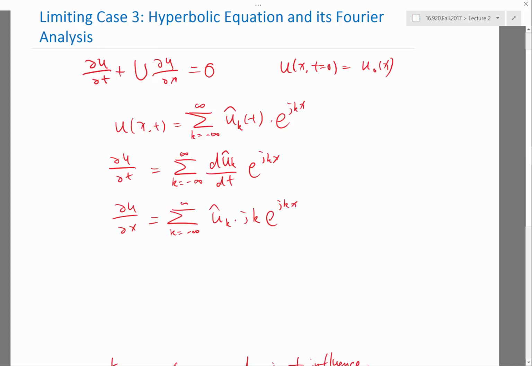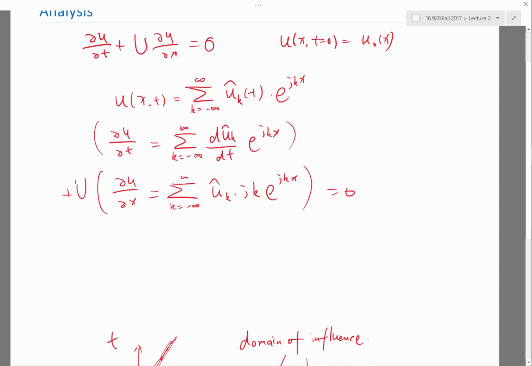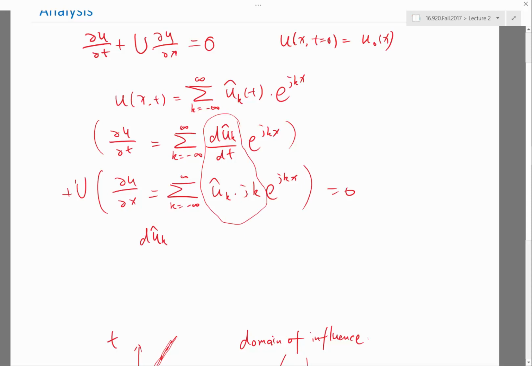So this term plus big U times this term has to equal 0. The individual terms inside the Fourier series have to match. And if you match them, what you get is the time derivative plus big U times jk, times u hat of k, equal to 0.